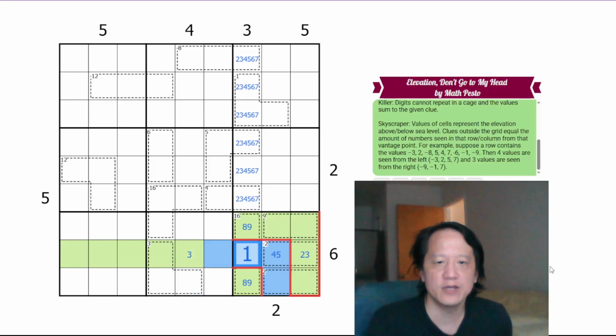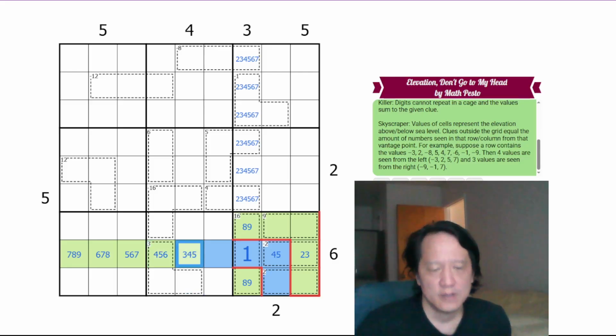So we could have 3 here, potentially, which is greater than 2. 4, which is greater than 3. 5, which is greater than 4. We're acting like this is the thermometer. So it could be 7 at most, 9. This is less than that, so it's 8 at most. This is less than that, 7, 6, 5. Okay.